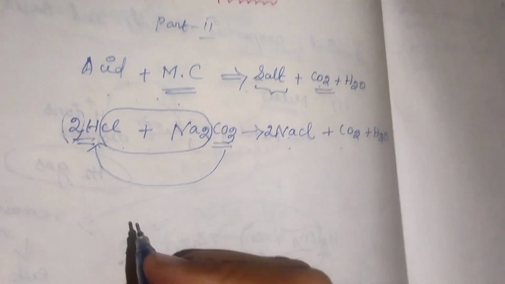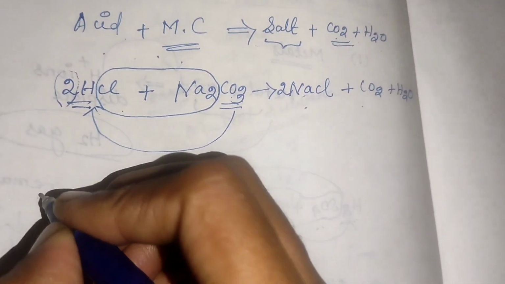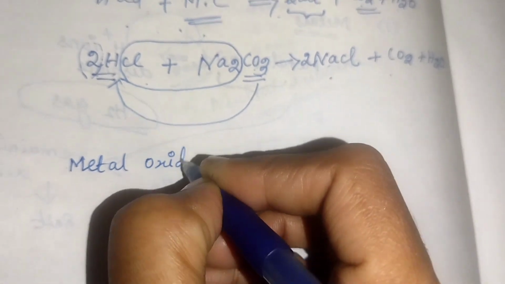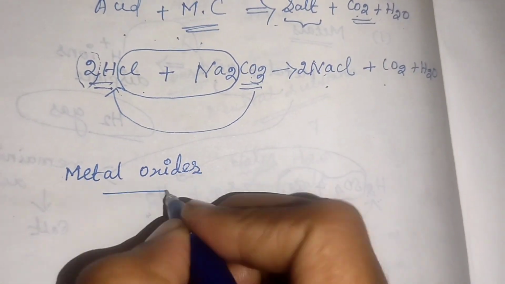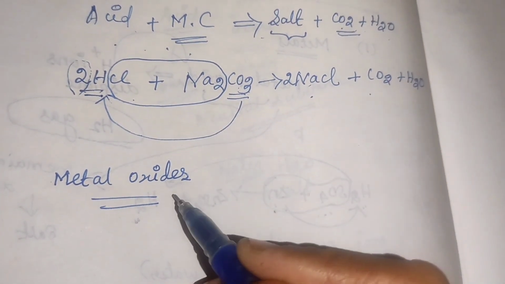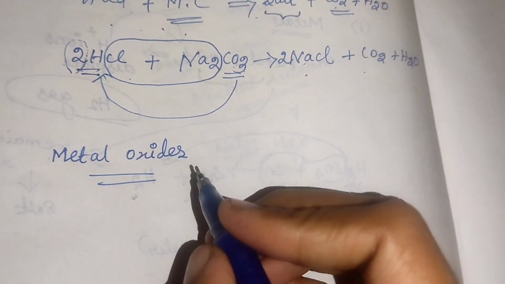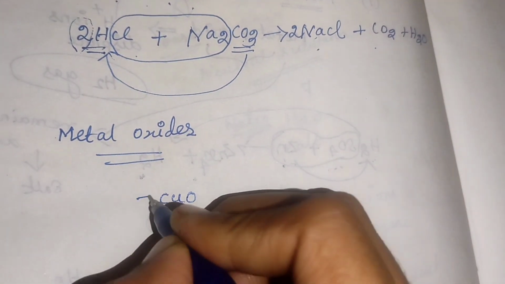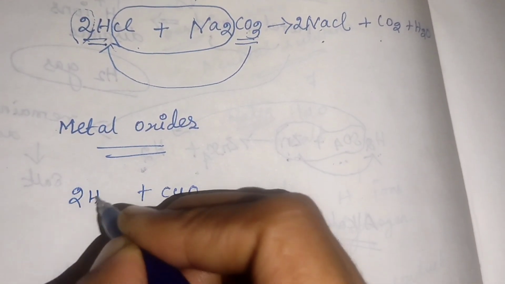And the next topic is reaction with metal oxides. Here, instead of metal carbonates, I am taking only metal oxides. What metal oxide am I taking? Copper oxide, plus the same acid, hydrochloric acid.